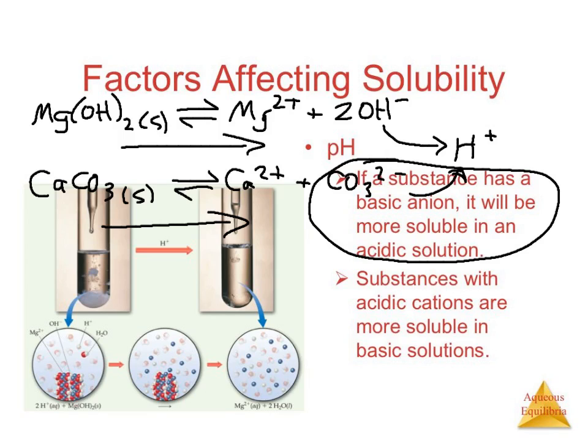It doesn't look like in the book. They only talk about the basic ones being soluble in acidic solution, which is kind of strange. They talk about it a little bit over here on page 748 when they talk about amphoterism.